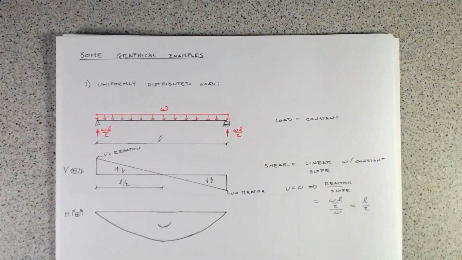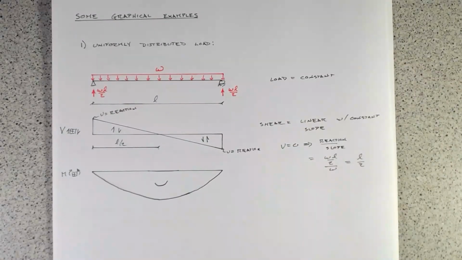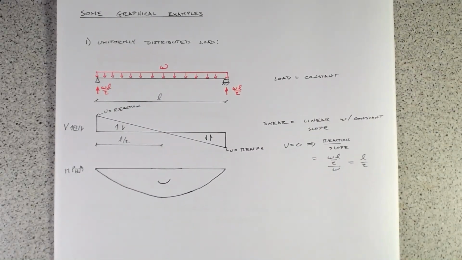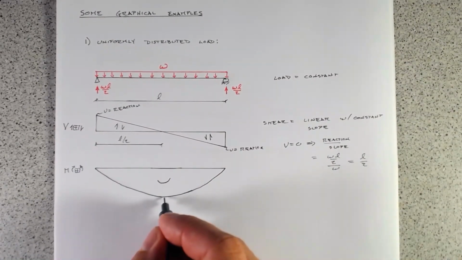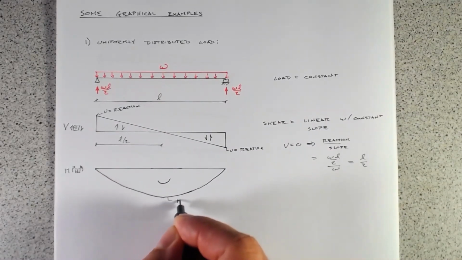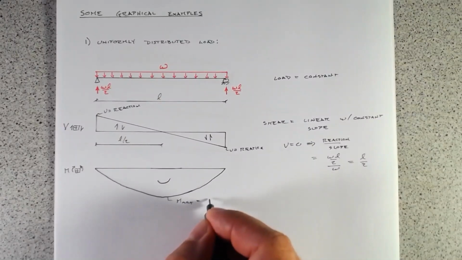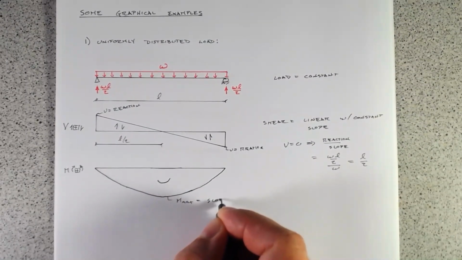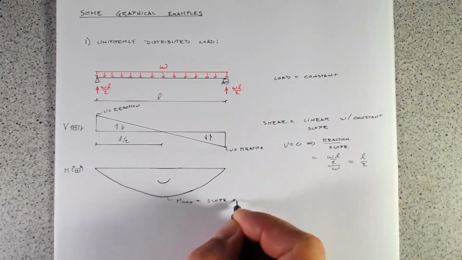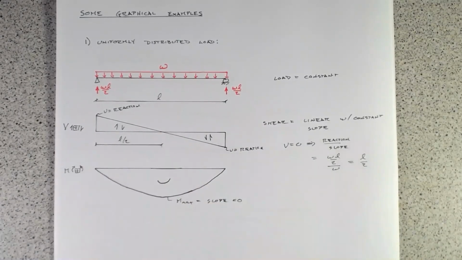And we've shown that quite clearly in the example where we worked through it with free body diagrams. We know that the maximum moment occurs when the slope equals 0, which is when the value of the diagram is 0 here.